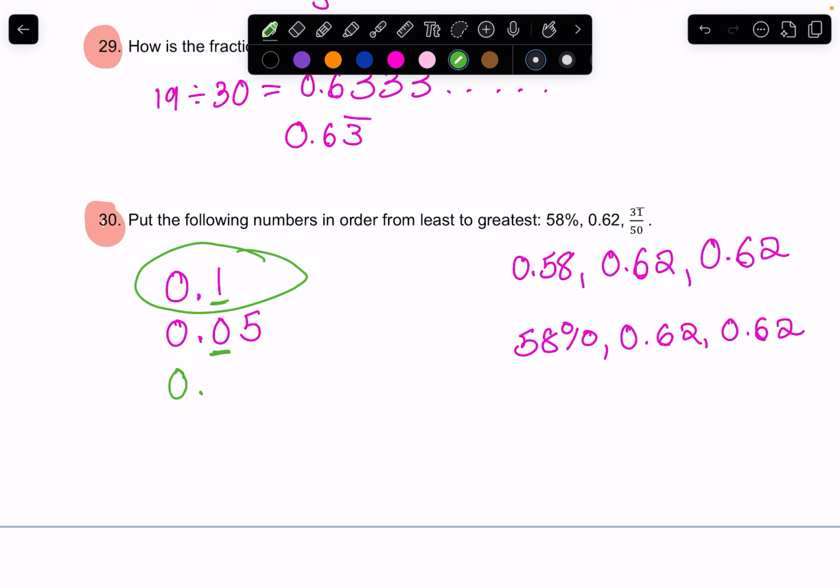So for another one, if I did 0.009, 0.05 is greater than 0.009 because when I go from left to right, these zeros are the same, but then 5 is greater than 0, so this is the larger number. So you're moving from left to right and comparing the numbers in order.